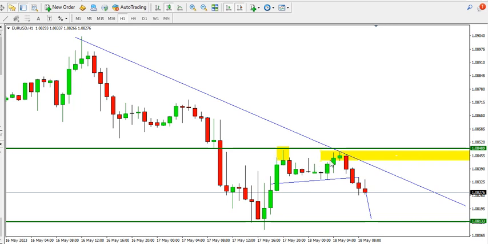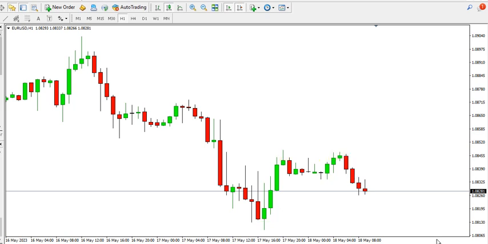We have two tops here, so this is a liquidity zone. Price gets to this low, might get to this low and then go up to sweep this liquidity area before going down. So that's that for the 1-hour time frame.